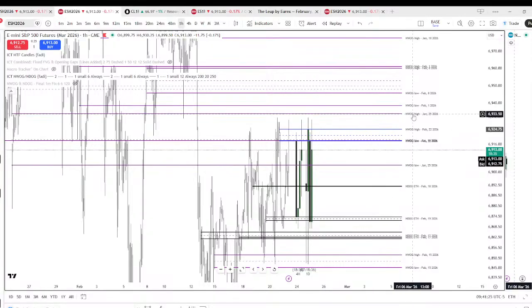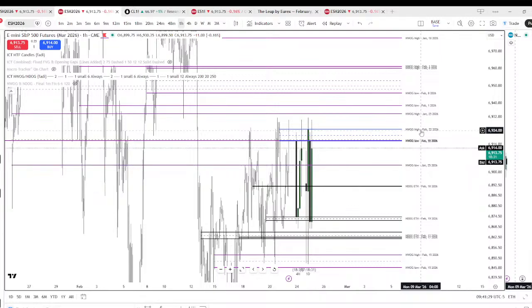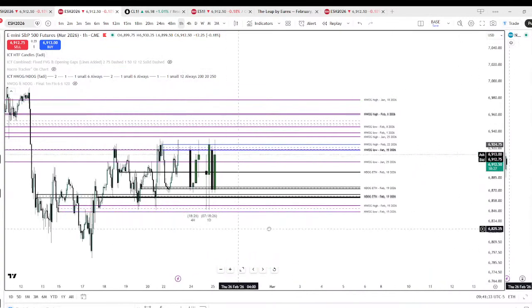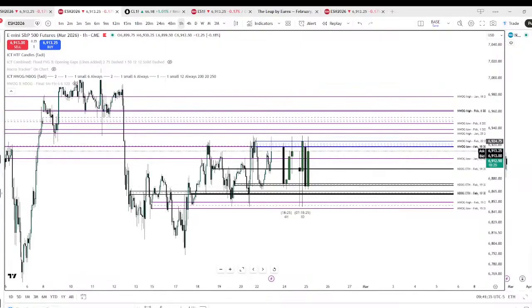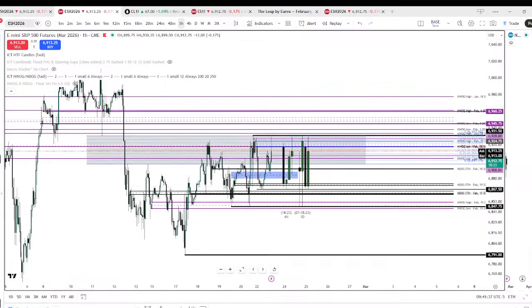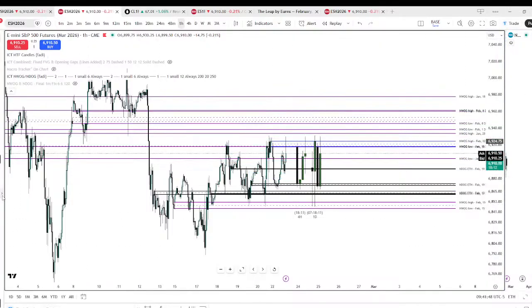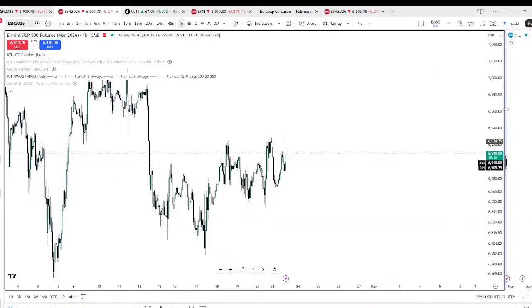We're currently in the January 25th, which overlays that daily pretty precisely. But ultimately the bias is lower. Let's go ahead and take everything off of here.